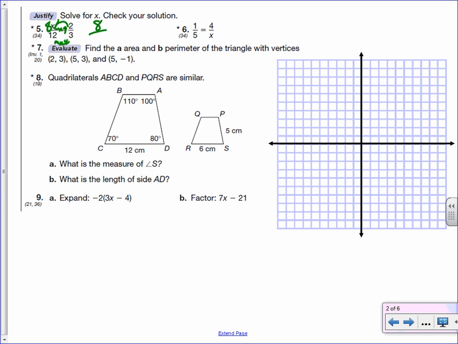So 8 twelfths. And then if I divide 12 by 4, I get 8 divided by 4 is 2, 12 divided by 4 is 3. So 8 twelfths equals 2/3. So x equals 8.